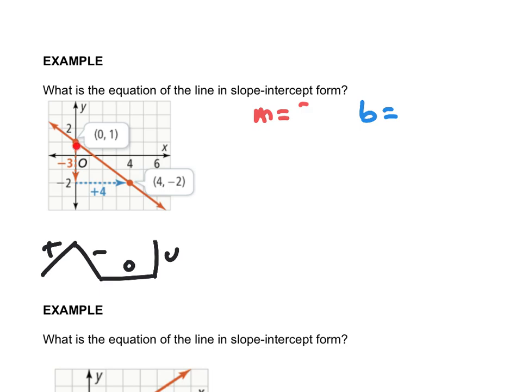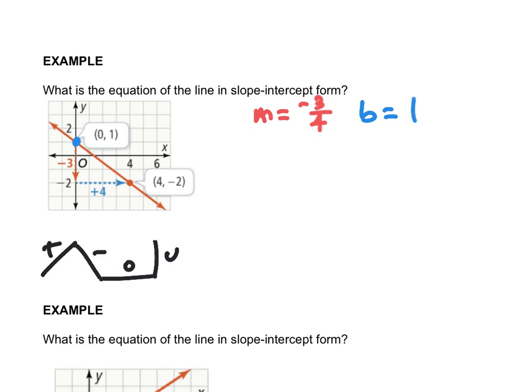And so from here, I can label my slope as negative. And what I want to think about is that I'm going down 1, 2, 3, and to the right, 1, 2, 3, 4. So this is a slope of negative 3/4. Now, my y-intercept, the point at which my graph crosses the y-axis, is at 1.